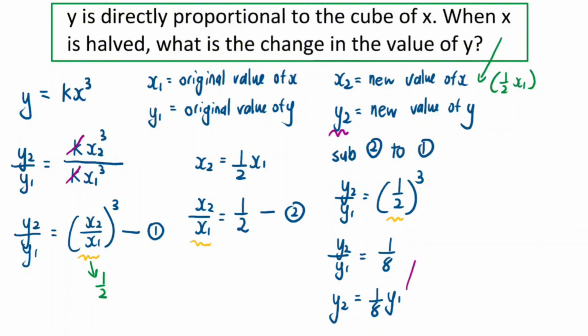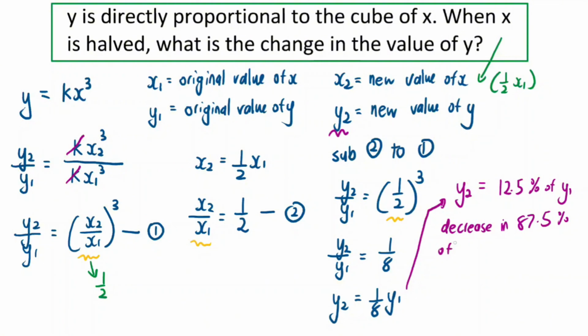What this means is that our new value of y, which is y2, is 12.5% of the original value of y. So there's a decrease of 87.5% in the value of y. That's the answer to this question: a decrease of 87.5% in the value of y.